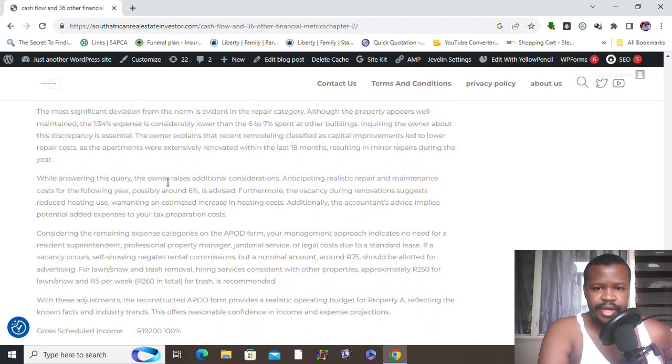Anticipating realistic repairs and maintenance costs for the following year, possibly around 6%, is advised. Furthermore, the vacancy during renovation suggests reduced heating use, warranting an estimated increase in heating costs. Additionally, the accountant's advice implies potential added expenses to your tax preparation costs.